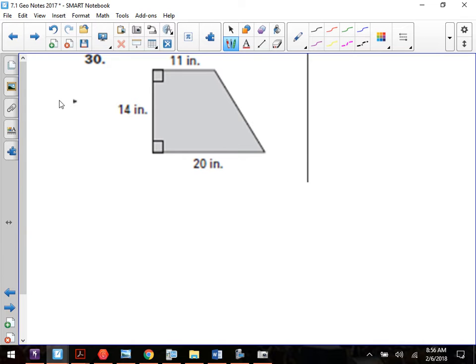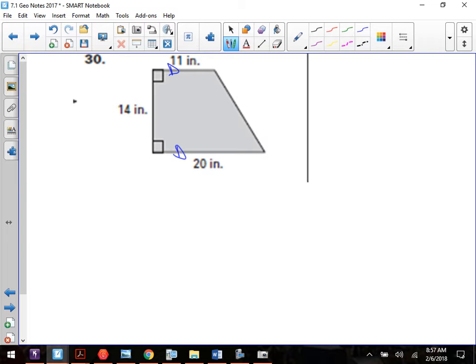More specifically, the trapezoid. Now, the reason those are parallel is because they're both perpendicular. That one is perpendicular to two lines, and the only way that can happen is if the two lines themselves are parallel.